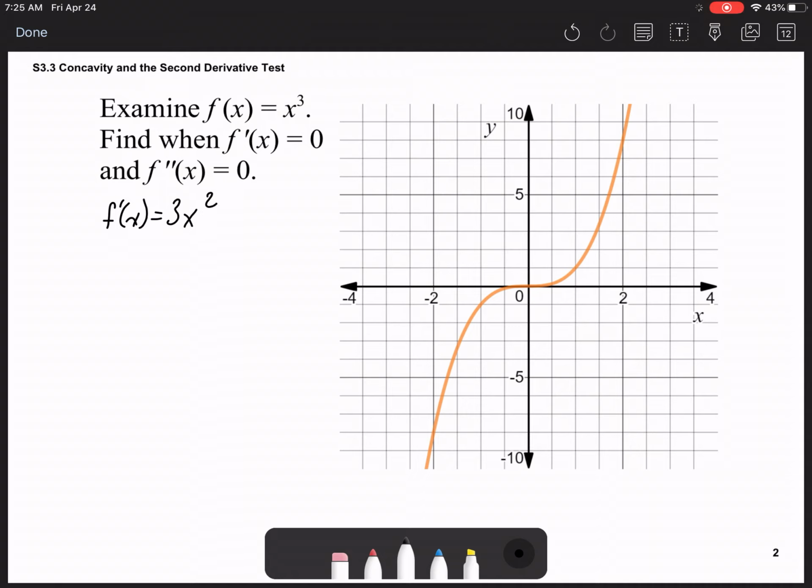As we saw before, you can look at values before and after to tell whether we have an increasing or decreasing function and where we can have maximums and minimums. Well, in this case, you'll notice that the slopes before 0 are positive and the slopes after 0 are also positive, meaning that this spot right here is neither a maximum nor a minimum.